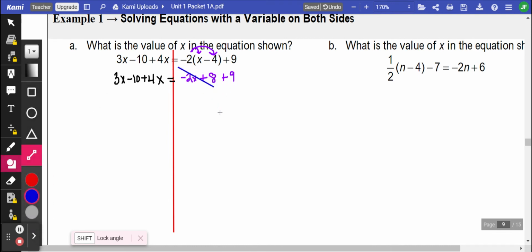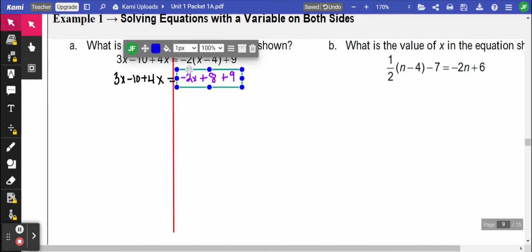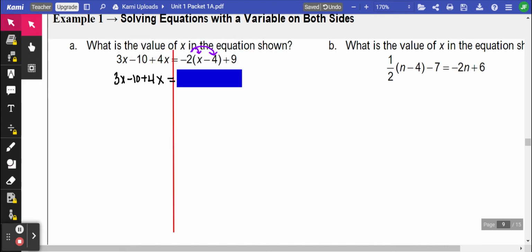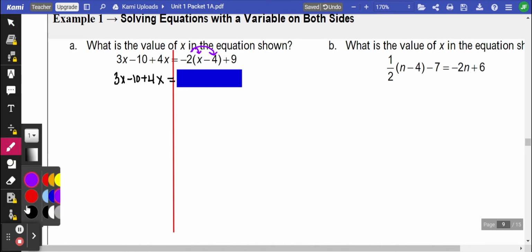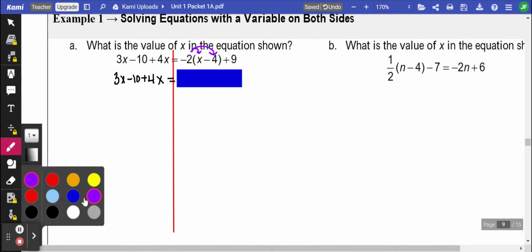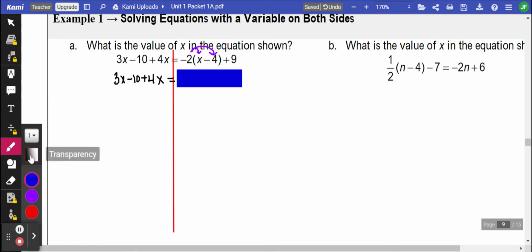Okay, our next step is to only focus on simplifying the left side. So I'm going to cover up the right side for right now, and then we'll come back to it. On the left side, we are going to combine like terms. Now, if they're on the same side, we use the same signs that we see.